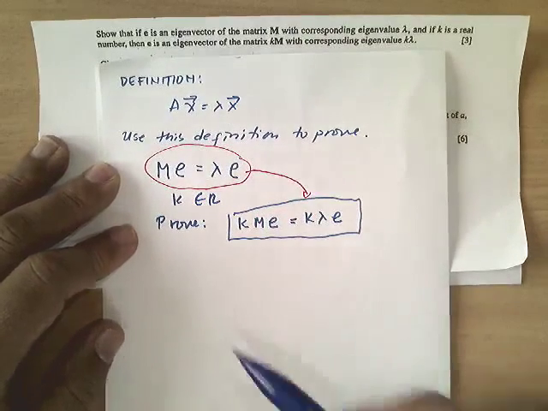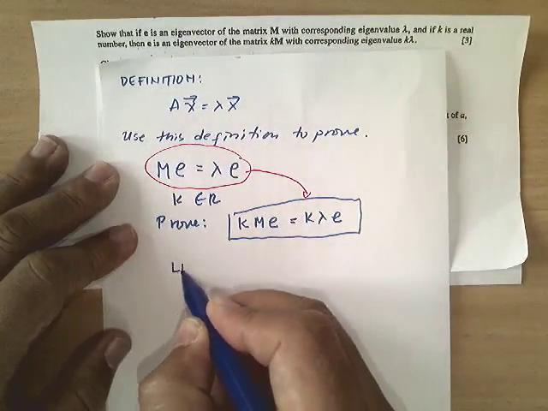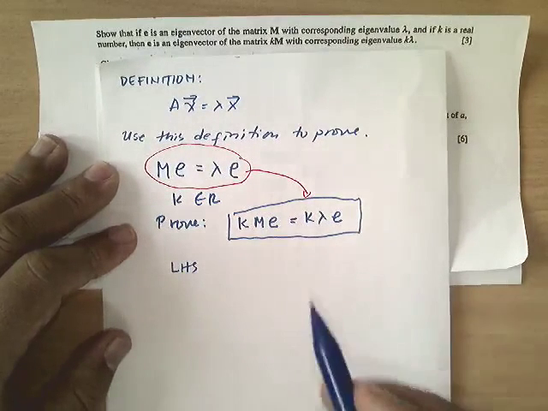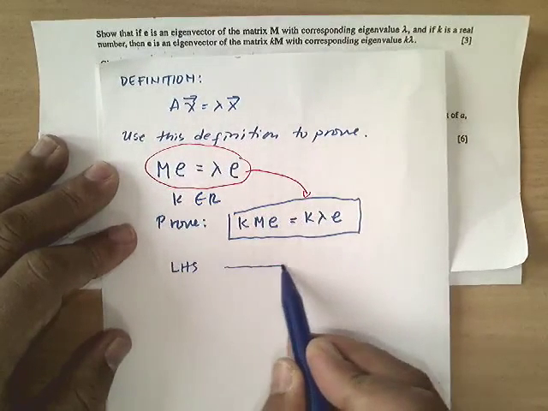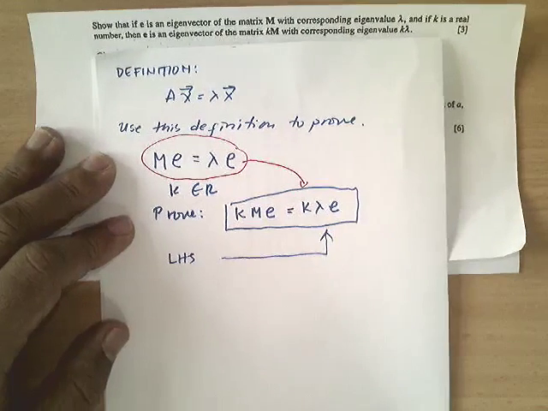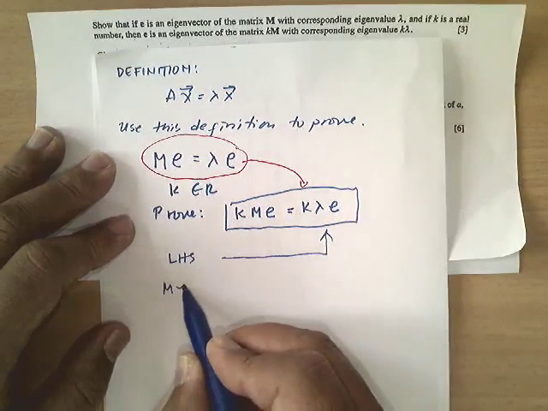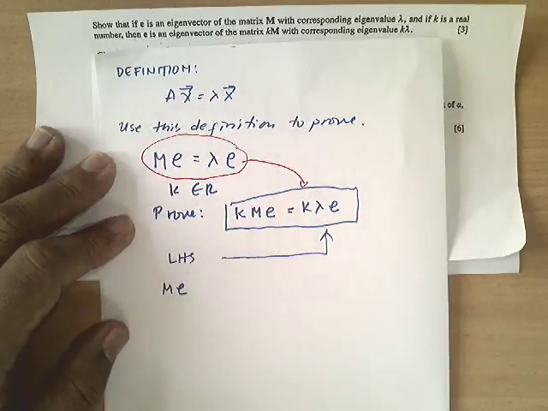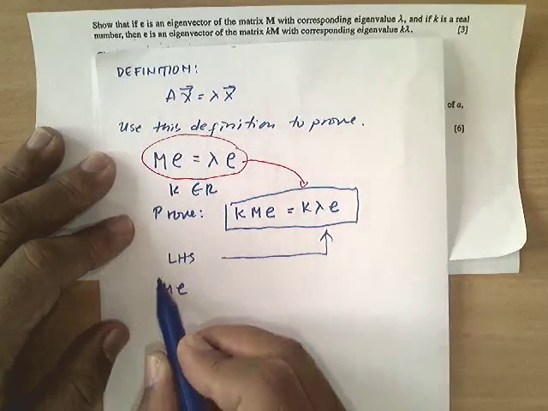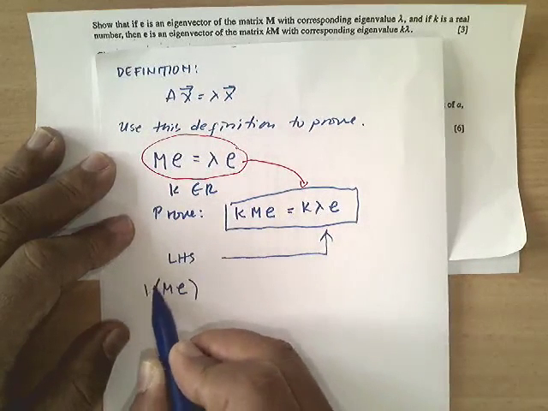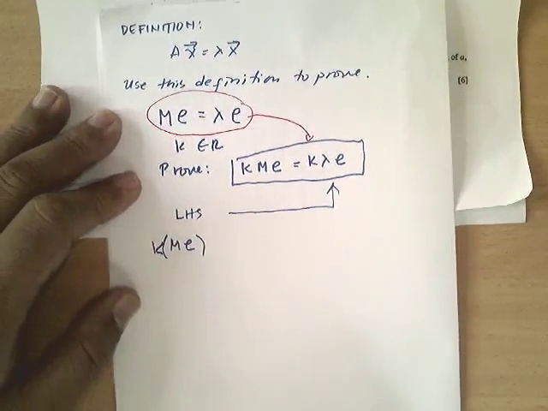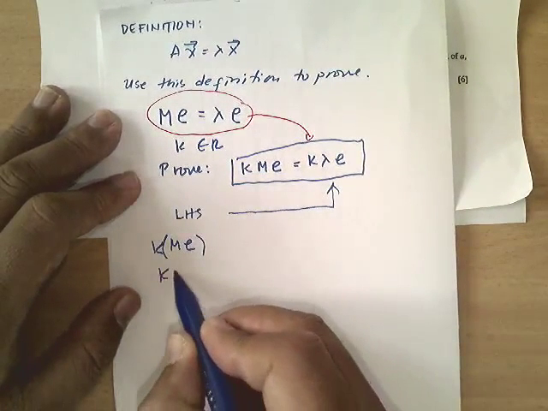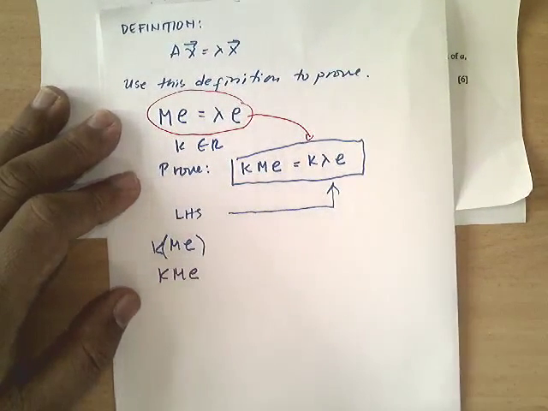So let's look at the left hand side, and then we need to show that it's equal to that. So ME, you want an expression for KM, so we need to multiply that by K. Therefore, this will give you K of ME.